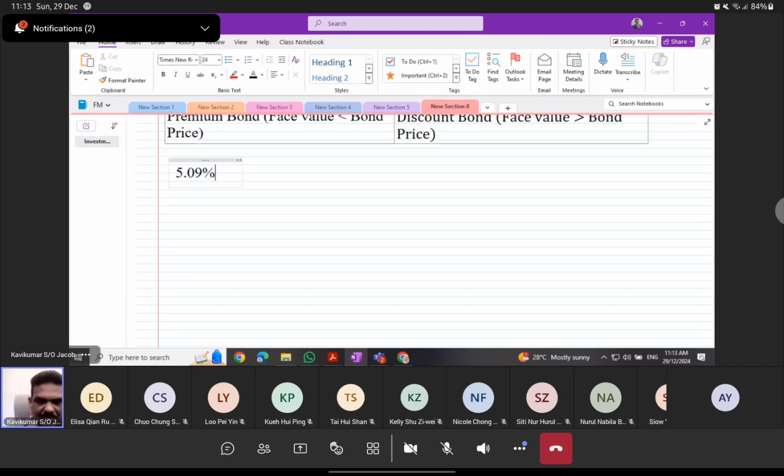5.09 percent, that's what you earn as interest from your investment through the mutual fund, and then minus 40% times whatever you get.